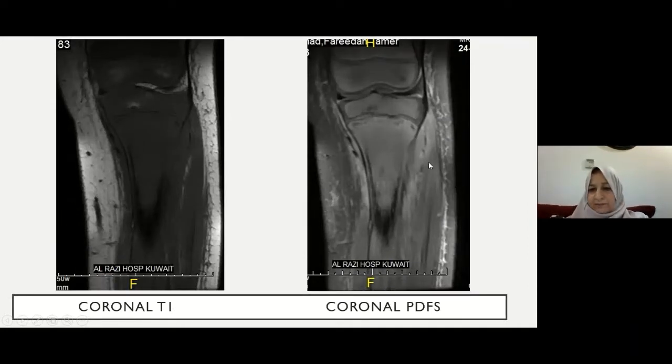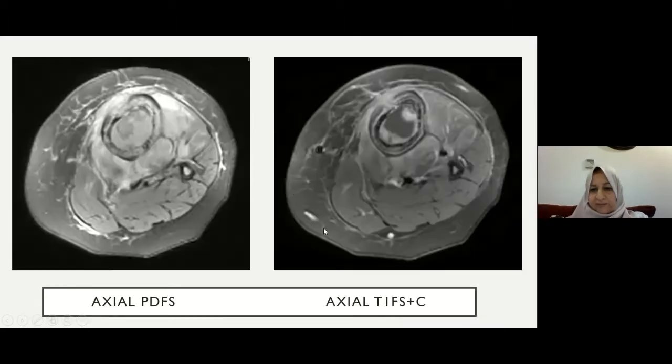Hypointense in T1, high in PD. In this axial post-contrast, you can see intraosseous fluid collection and cortical defect with surrounding soft tissue edema and enhancement. This can go very well with osteomyelitis. But here in PD and also in this axial, I want you to see what this is.